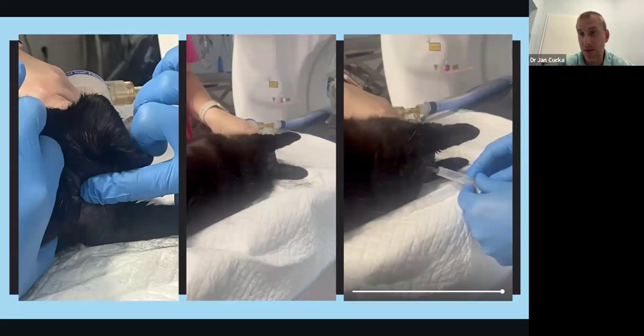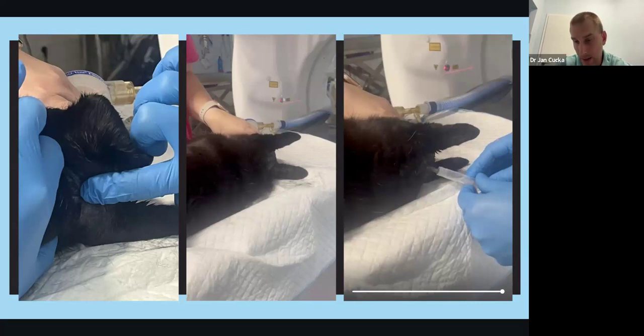So if there are some seizures after that, you should calm the animal with some benzodiazepines usually, and it takes some time, usually 1, 2, 3 hours, and then it's done.